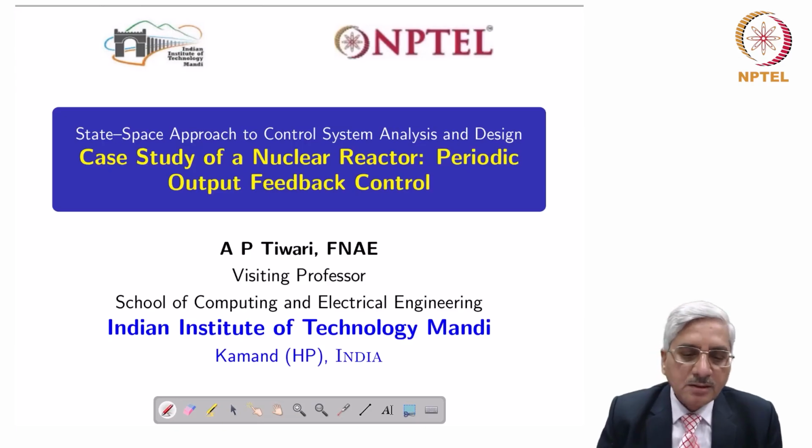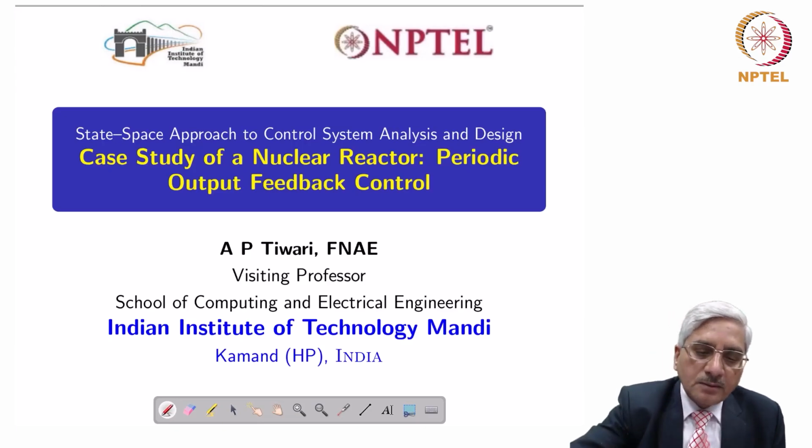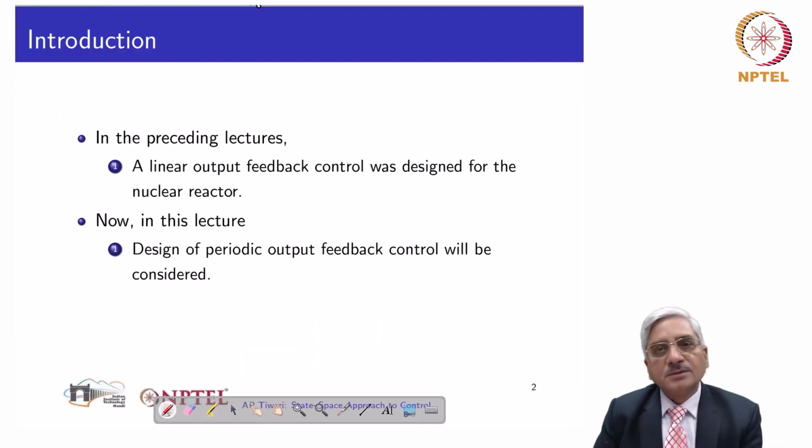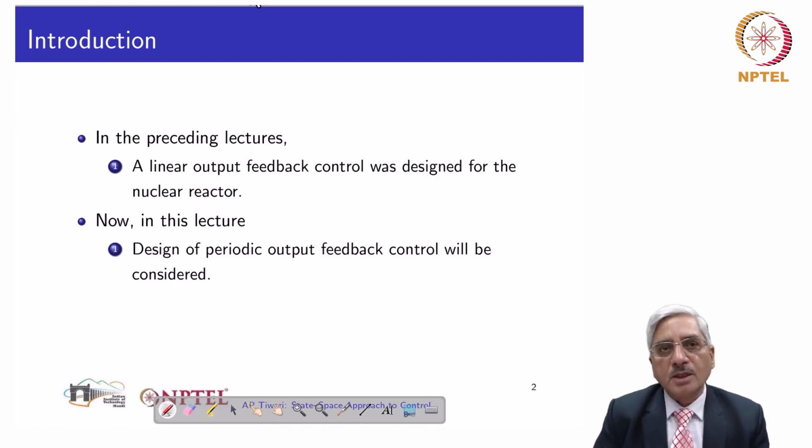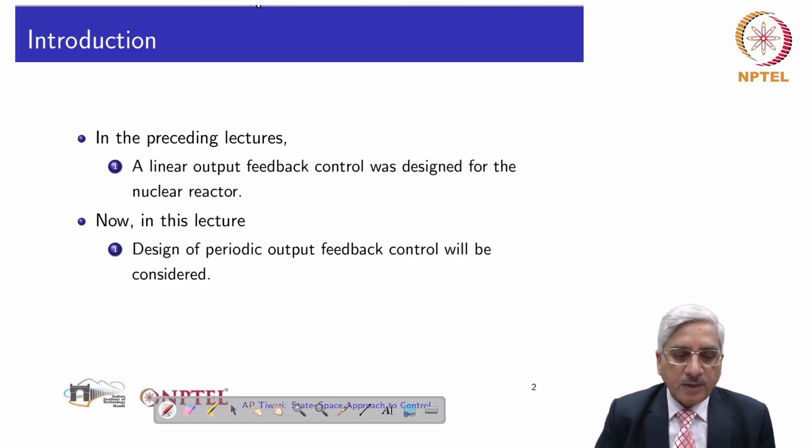In this week, I am considering in two lecture videos the application of periodic output feedback to the control of power level or neutron density in a nuclear reactor, and thereafter fast output sampling method is also being applied for the same problem.